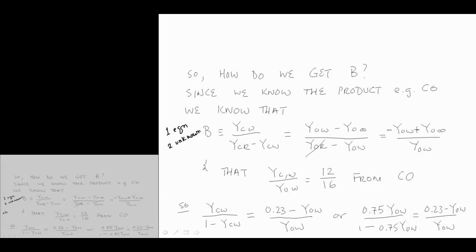The closure occurs because we know the product. We specified in this case the product. We said, hey, this carbon and this oxygen are going to form CO. So if that's the case, I have a relationship between YCW and YOW.